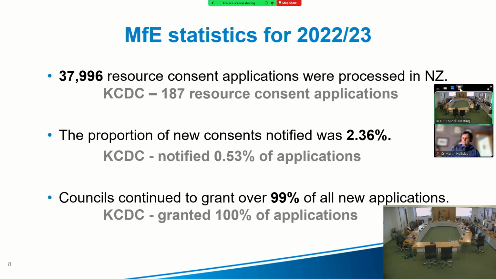Non-notified applications then essentially make up, like I said earlier, about 90% of all consents. And if you look at the statistics in terms of granting consents, 99% of consents are granted. So there are very, very few chances where we would decline an application.